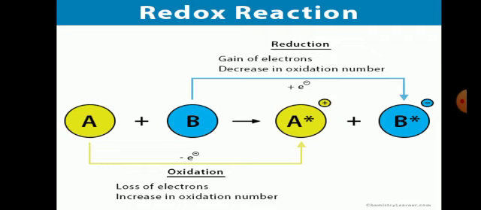So these are the three terms in which you can explain both reduction and oxidation, and reduction and oxidation together is your redox reaction. I hope that until then it's clear for all of you. Let me move on with the next topic. You can have a look at this image over here so that you can understand reduction and oxidation much better.